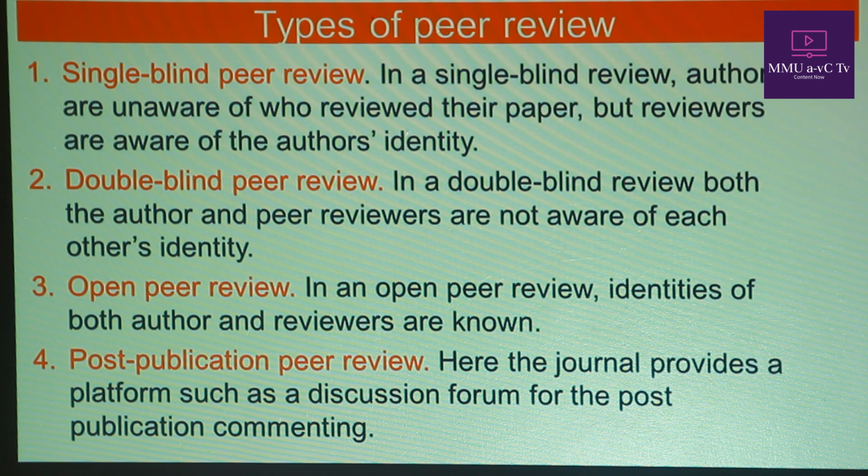So I can ask you where maybe I need to improve or where I don't understand some things. So the whole process is transparent and the whole process is open. But this is a very rare type of peer review.